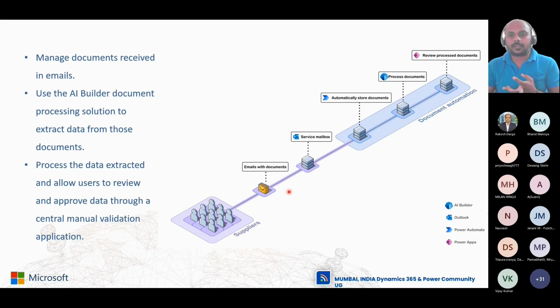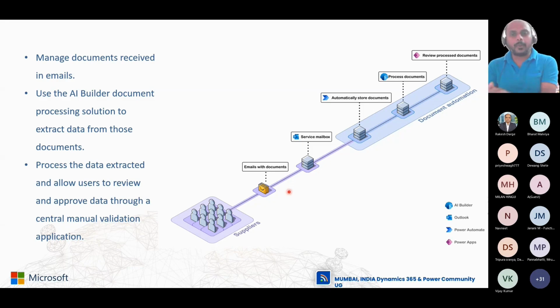We are doing that using a Power Automate flow. The third, and most important, is AI Builder. When we pass data to AI Builder, it provides us the desired outcome for each field, and its confidence score as well. And we store that extracted data in our database.